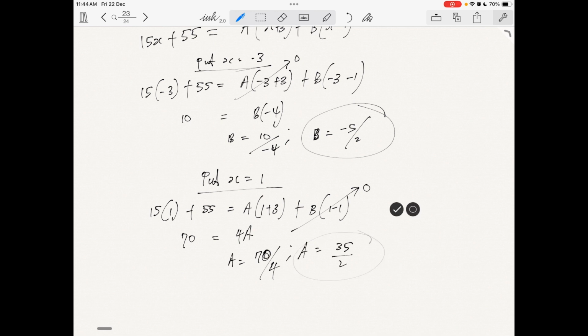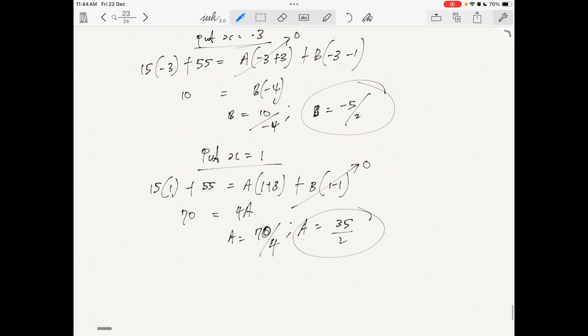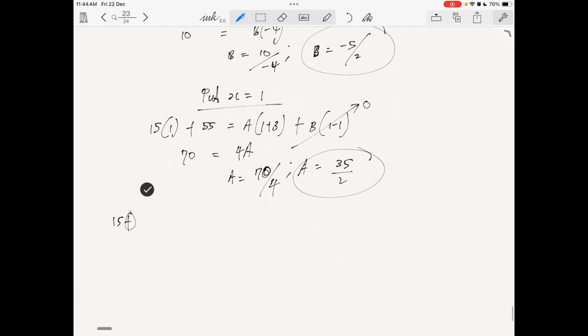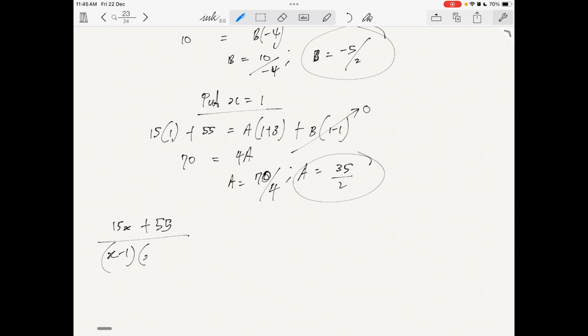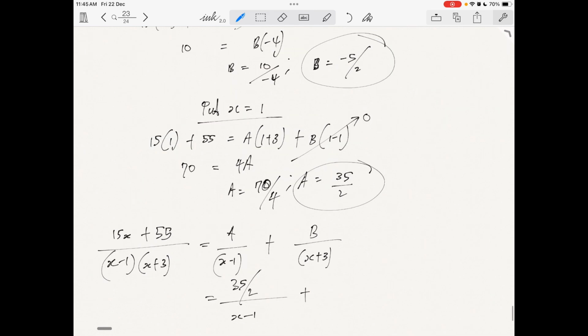Alright, so then we go back and repeat what we have here. Substitute our values for A, and also we substitute our values for B. So 15x plus 55 divided by x minus 1 and x plus 3 will be equal to A over x minus 1 plus B over x plus 3, and our A is 35 over 2, and B is minus 5 over 2, divided by x plus 3.